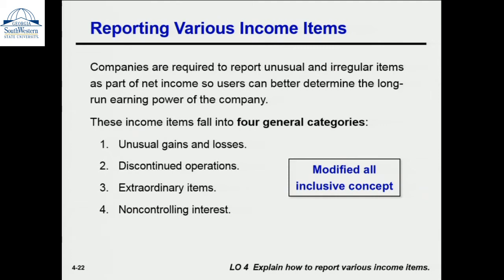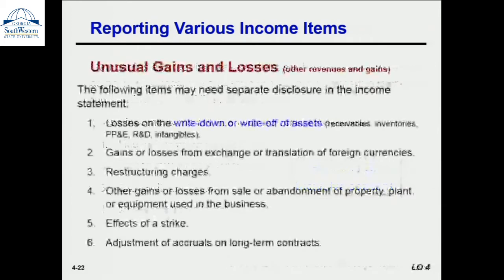Okay, now let's just go through the PowerPoints. I just wanted you to see where we're trying to get to here. So, unusual gains and losses. Here are some examples of the type of things that we're talking about.